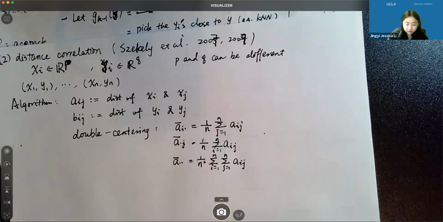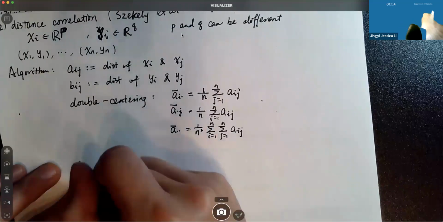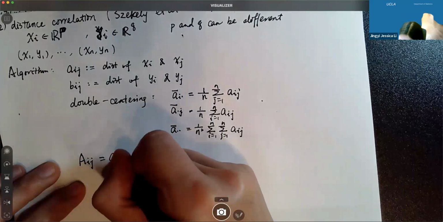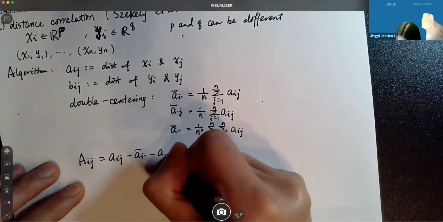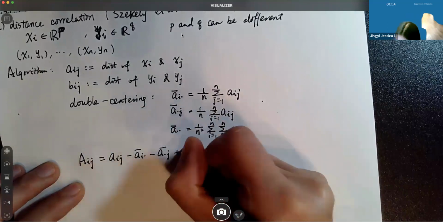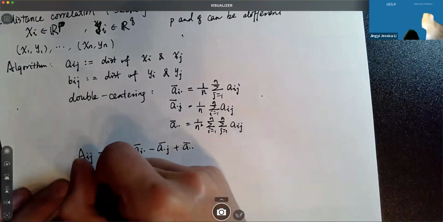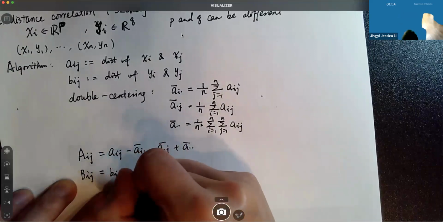With those definitions, we define the double-centered distances as capital Aij, which is aij minus a i-dot bar minus a dot-j bar plus a dot-dot bar. We add back the overall average because we don't want to subtract it twice. Similarly, Bij for the Y space is defined with b i-dot bar, b dot-j bar, and b dot-dot bar.